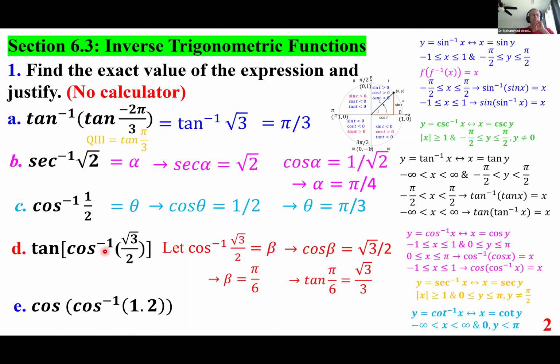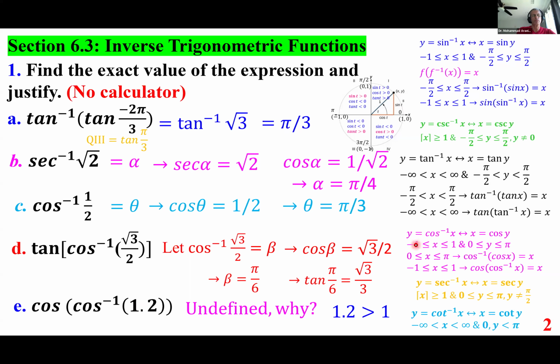Cosine of cosine inverse of 1.2. It's undefined. Why is that? Because 1.2 is larger than 1. This number must be between negative 1 and 1.